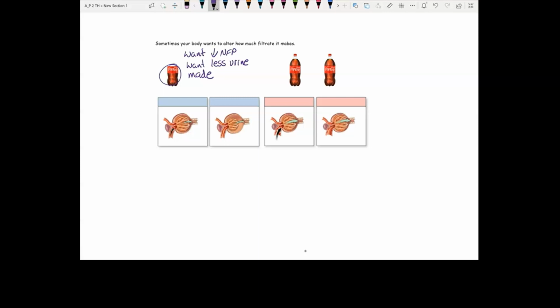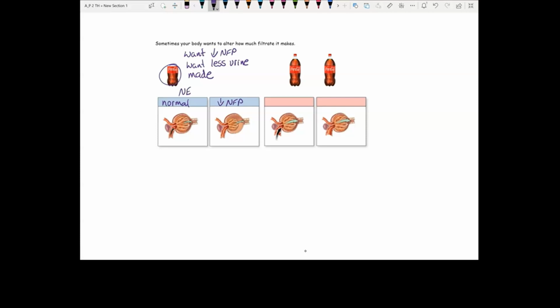So your body has changed its goal. Instead of the normal 2 liters of urine, your body wants less urine being made. So we have 2 pictures here. This picture is just the normal. This is for comparison. And this picture is the one with reduced net filtration pressure. The stimulus for this, you have 2 stimuli that can cause this.